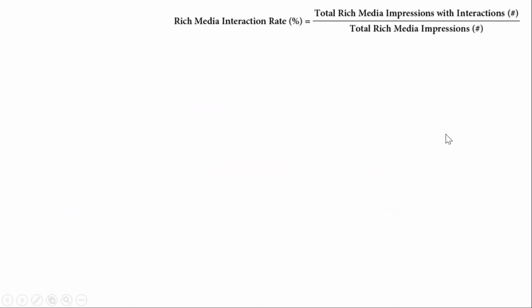Okay, rich media interaction rate. So basically total rich media impressions with interactions. That is the total number of visits where they watched the ad, or at least part of the ad, and, say, clicked on the ad would be a good example, over the total number of impressions, or again, views. So we'll stay with our Nike example.